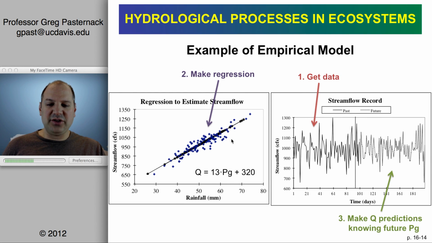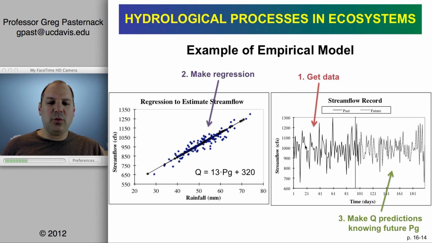You fit your regression, and we get the regression equation. Usually we're going to test this also for the coefficient of determination and the p-value, which tells us the likelihood that this is generated by random noise. In this case, you can see that these blue dots represent a very strong fit, so let's not worry about that detail. So in terms of time, you have the streamflow series here.